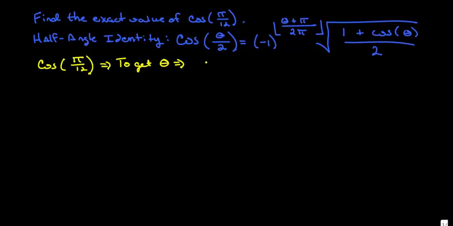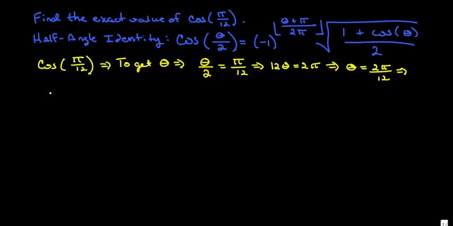we want theta over 2 to be equal to pi over 12. That implies that if I cross multiply, I get 12 theta is equal to 2 pi, which implies that theta is equal to 2 pi over 12, which lastly implies that theta is equal to pi over 6.